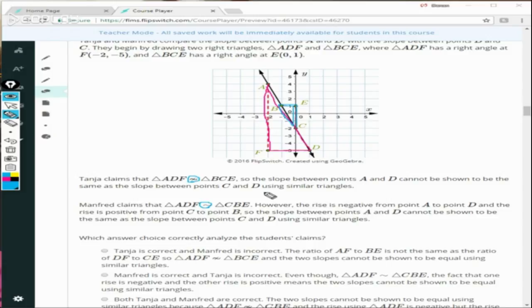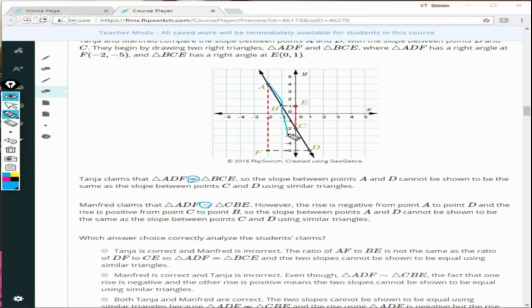Okay, so let's talk about Tanja's claim before we read these choices. Alright, Tanja claims that the slope between the points A and D cannot be shown to be the same as the slope between points C and D. I just want to think about that for a second. Slope means the rate of change. So if the rate of change, or how steep it is, is not the same, I would have a line that would change steepness.